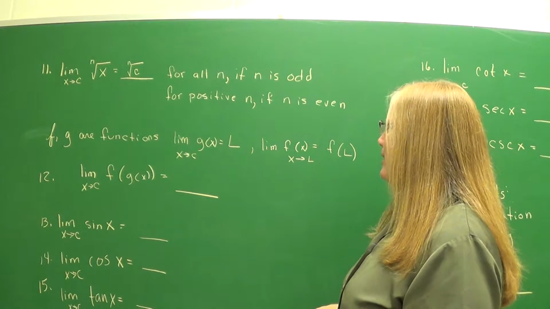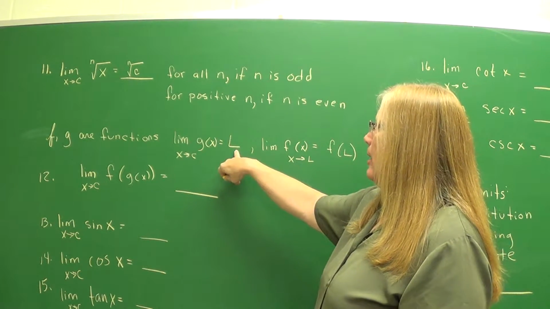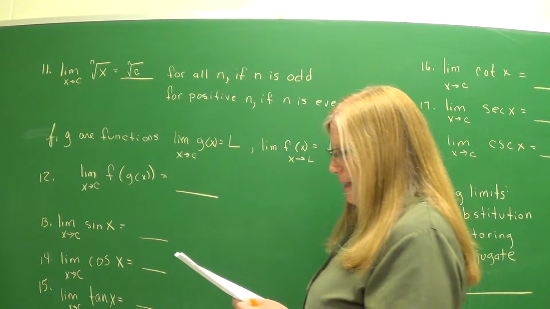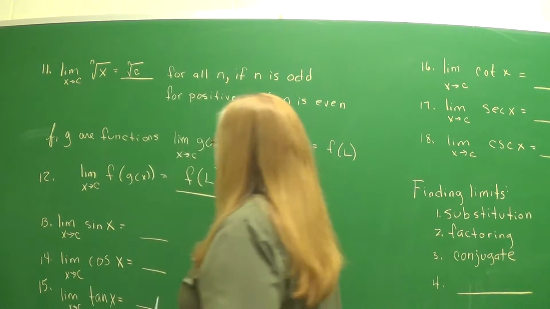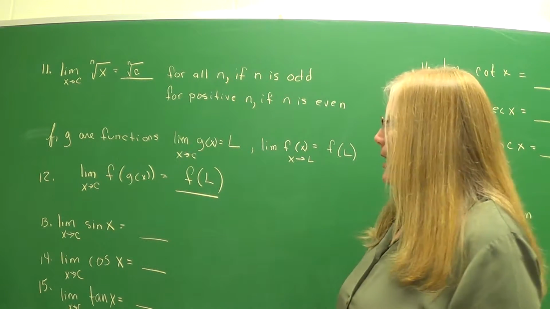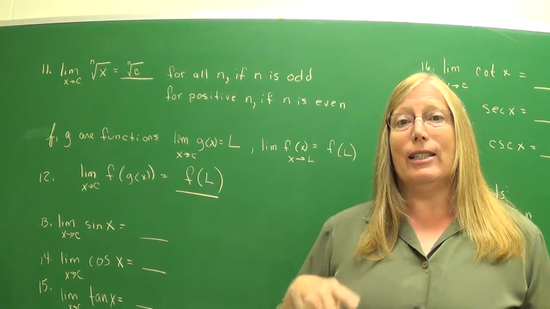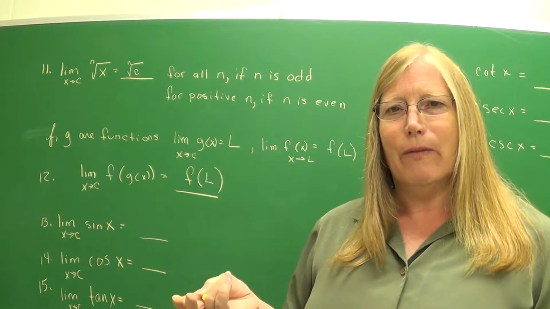We know the inner function has the limit L, so we just substitute L into the f function, and we get the final answer, f of L. That is a lot more confusing to see as theory than it is to see in practice. When you see it in practice, you'll say, oh, of course.